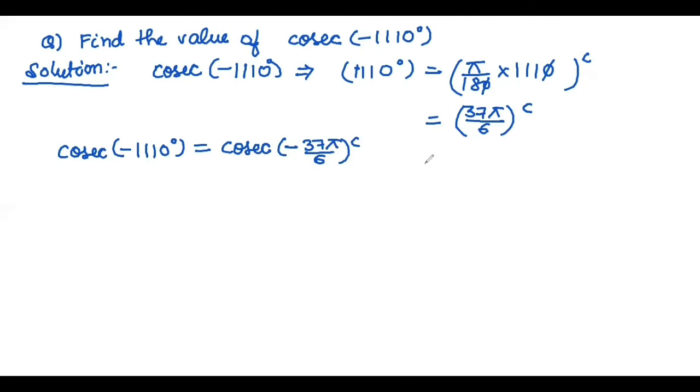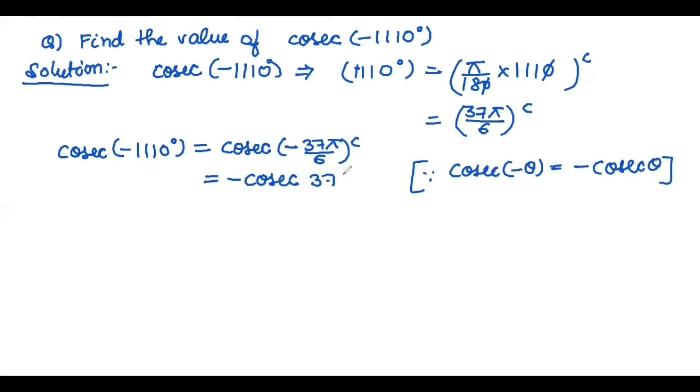Now we have discussed that cosec of minus theta equals minus cosec theta. So we will apply that here. So we can write it as minus cosec 37 pi by 6 radian. Now it is in rational form, so we'll divide 37 by 6.